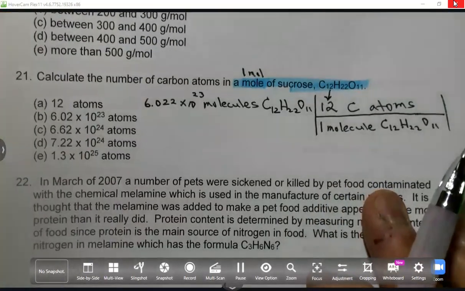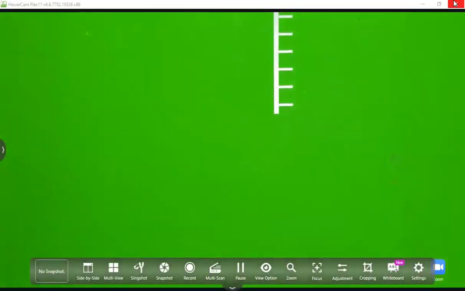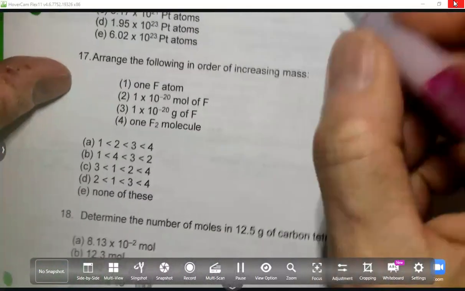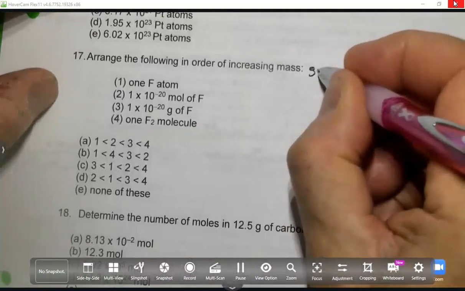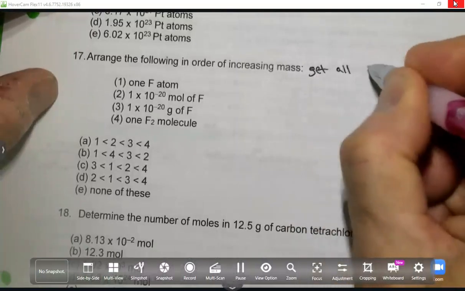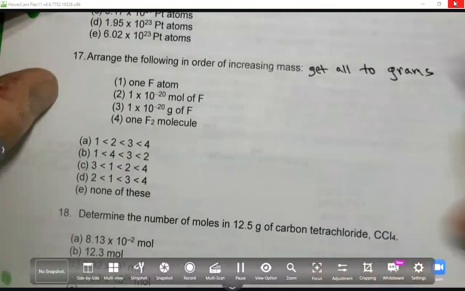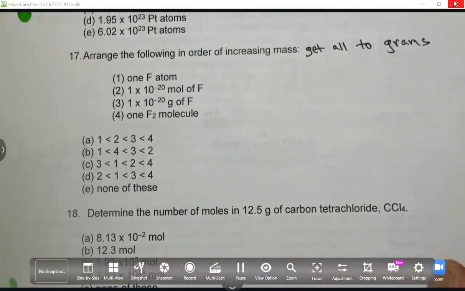Let me make a comment about 17. In 17, the thing to do is get all the grams.